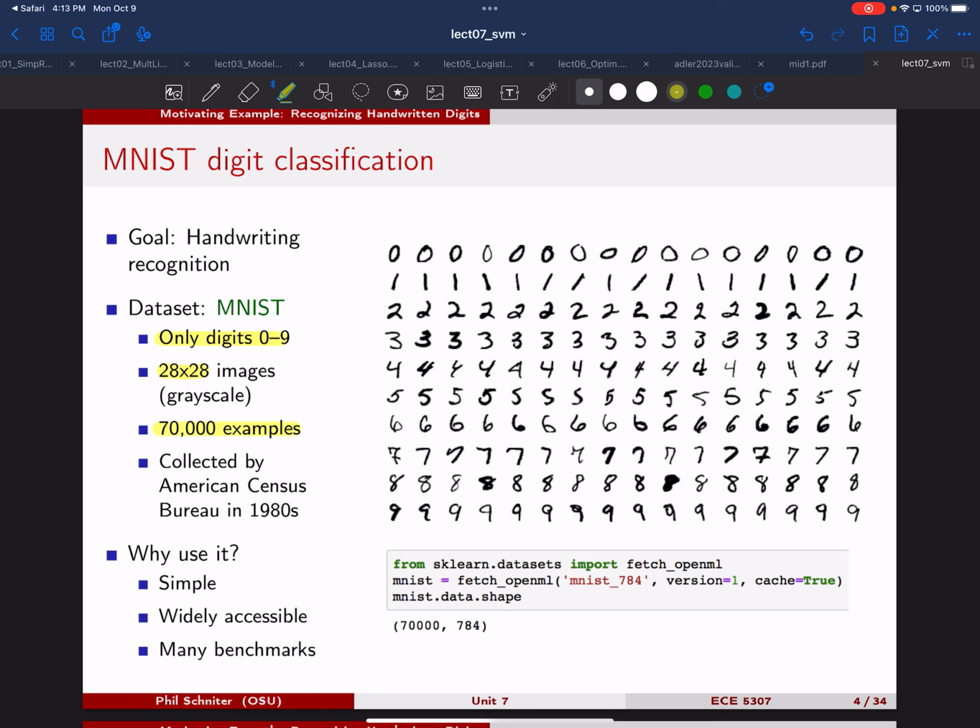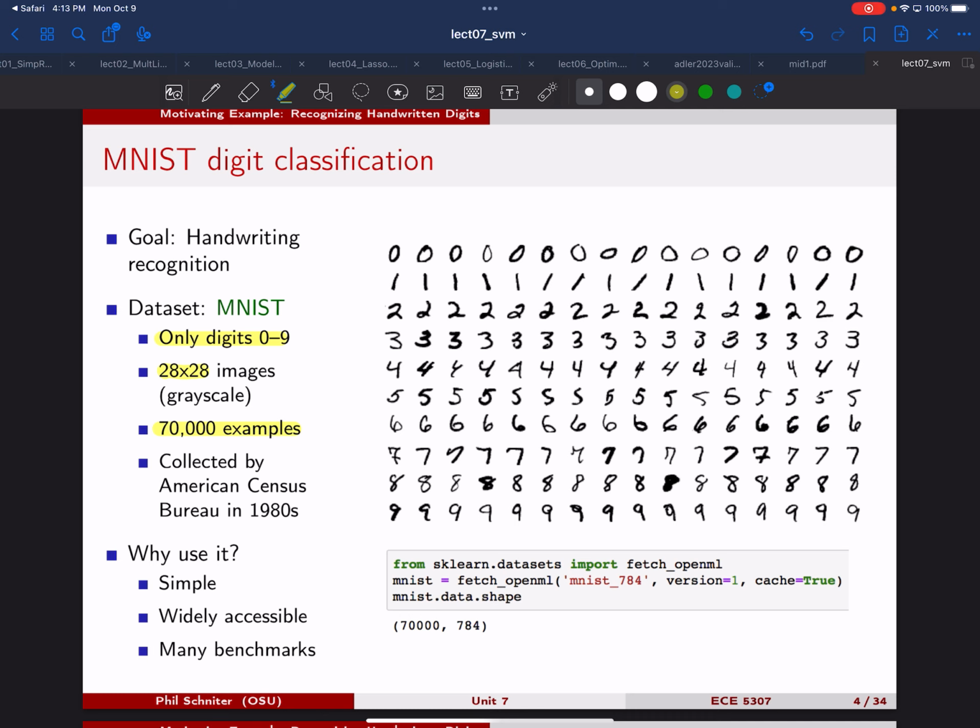This was collected in the 1980s by the American Census Bureau. One of the motivations was to be able to automatically read the zip code on handwritten letters, which before that time had to be done manually by humans. So they wanted to automate that.